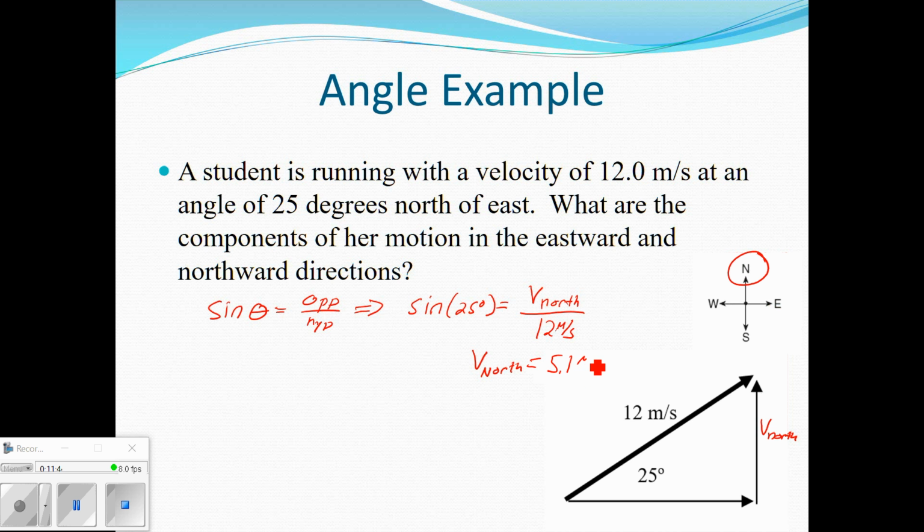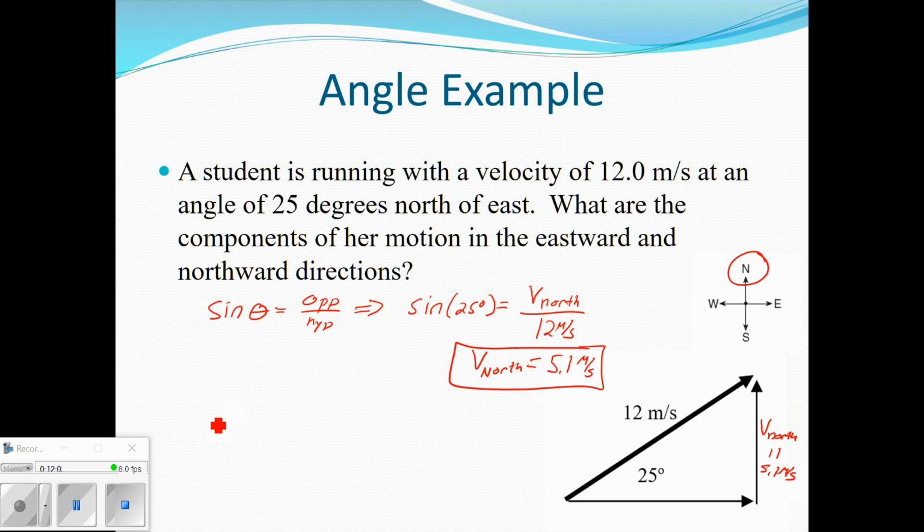This is the amount that this individual is moving northward every second. So I'll write that on the diagram, 5.1 meters per second.